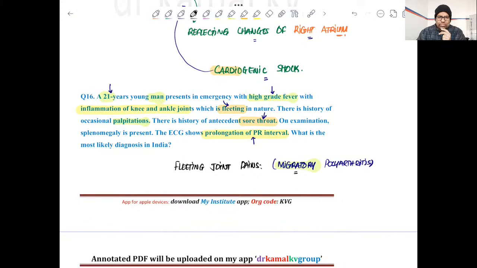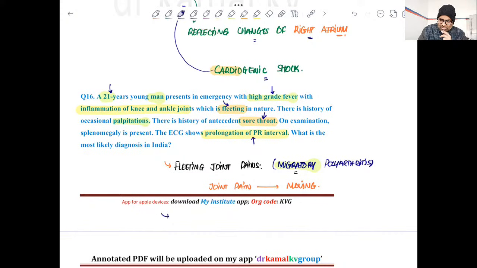Maybe after a few more months in another visit, he will say that my shoulder is okay, now I am having pain in elbow joint. So it means the joint pain is moving. It is not fixed to one joint, and it will shift from one joint to another, right? So this is one important feature here.